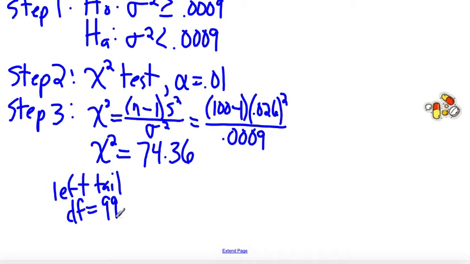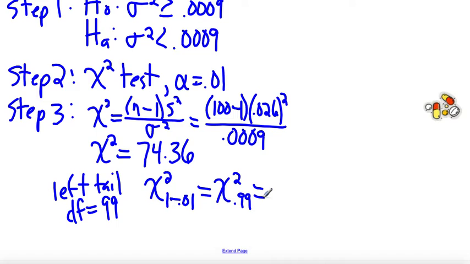Okay, so for a left tail test, if you look up at that little table about our rejection regions, we need to find chi-squared for 1 minus alpha. So we are looking for chi-squared 0.99.